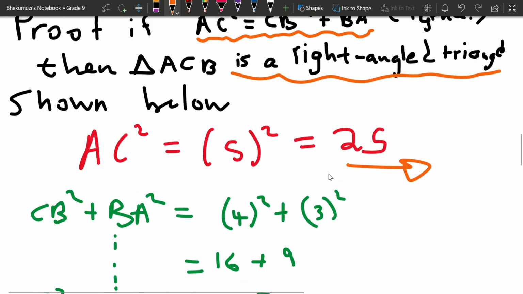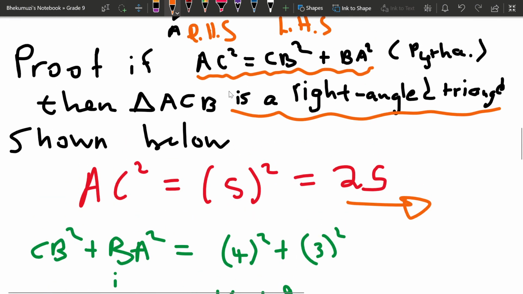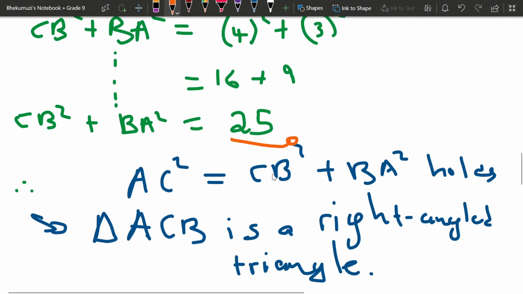So now what does it tell us? It tells us that the right hand side is equal to the left hand side, which is 25 is equal to 25. So that means that AC squared, because remember AC squared is 25, is equal to CB squared plus BA squared, which is also 25. So it holds.